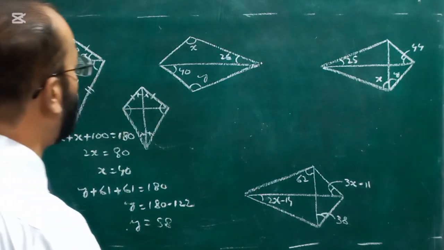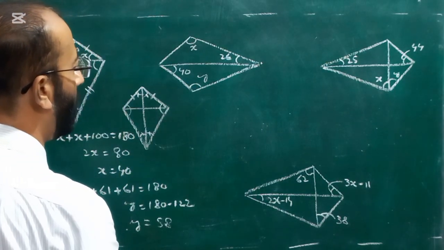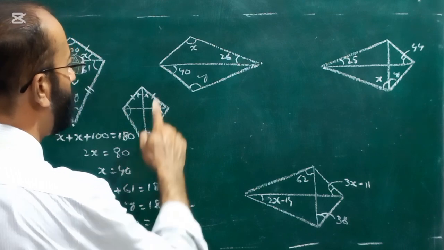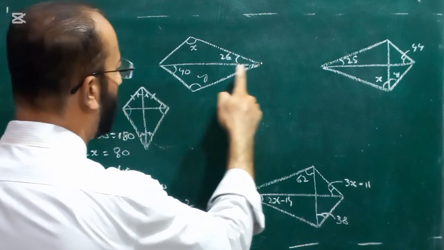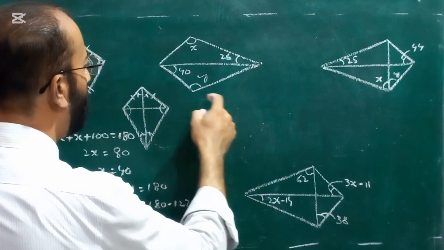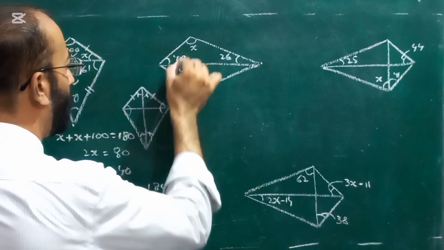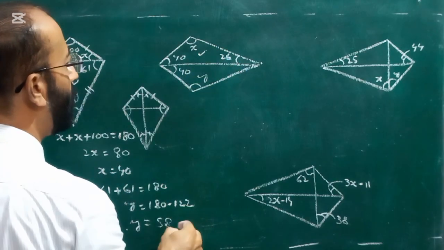Now come to this figure. Again, x and y are the requirement. So look now, this longer diagonal will bisect the upper and lower angles. So if this is 40, this will also be 40. So come to this figure now.